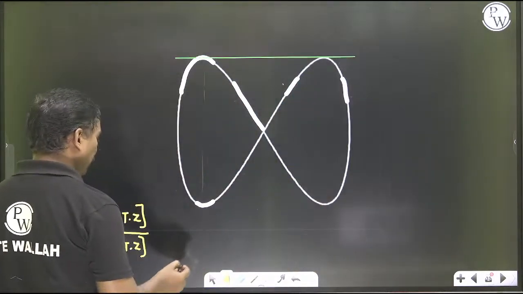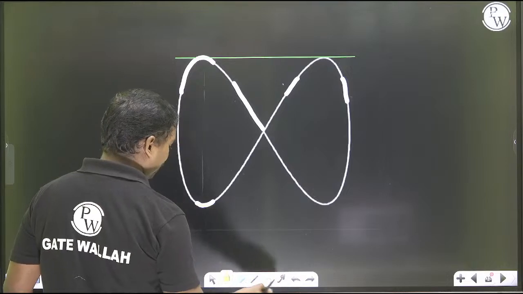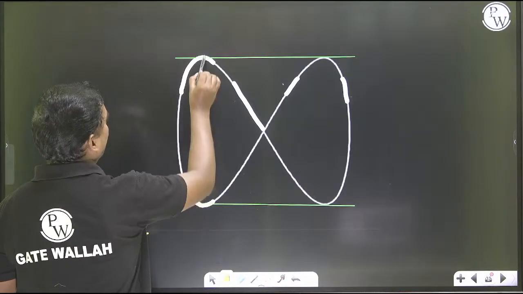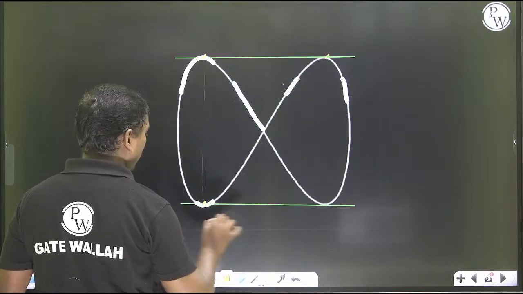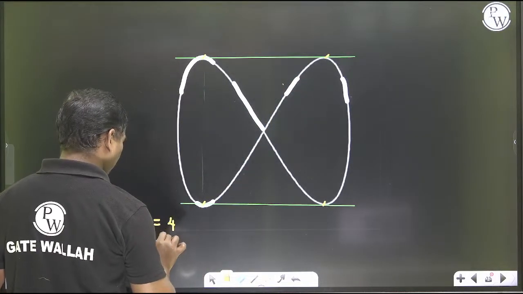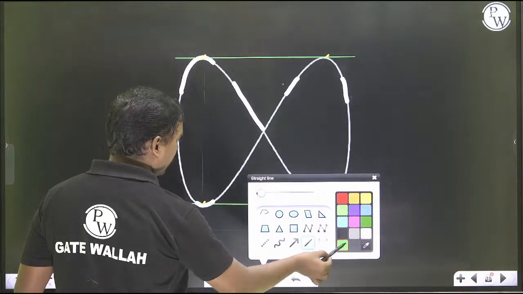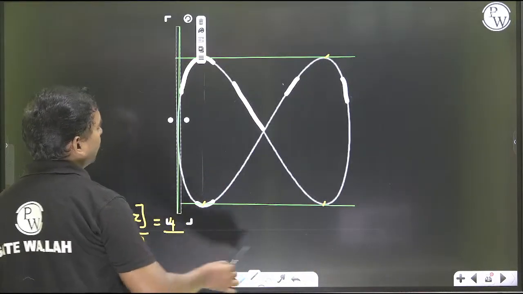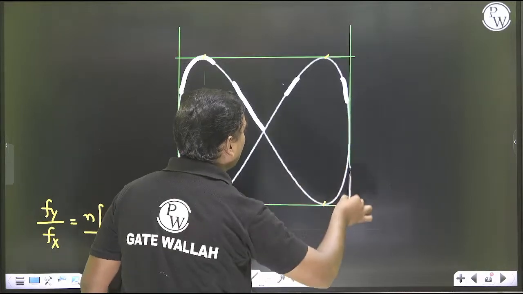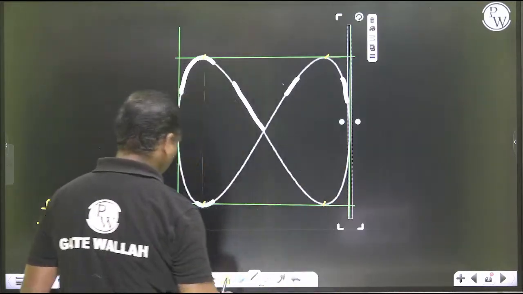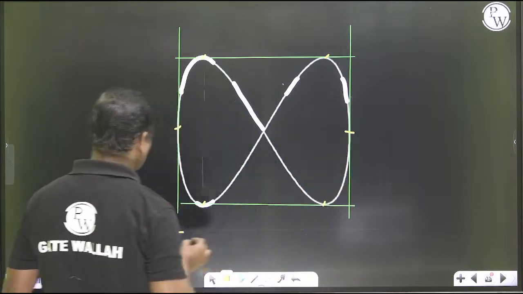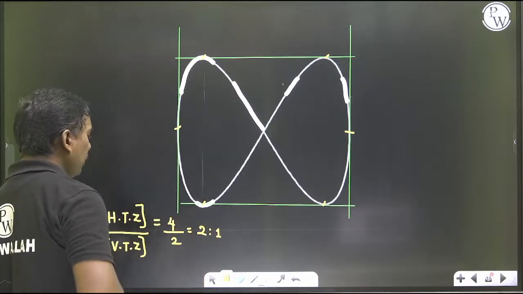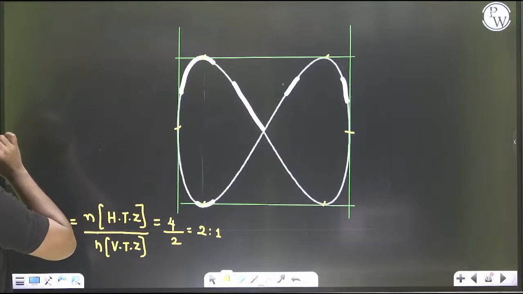This is 2, this is also 2, so this is 1, 2, 3, 4, divided by the number of vertical tangencies. This is 1, this is 2, perfectly closed. 1 and 2. The answer will be 2:1. So this is one method.